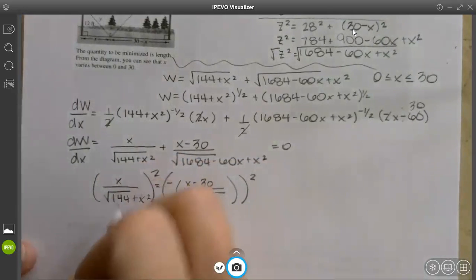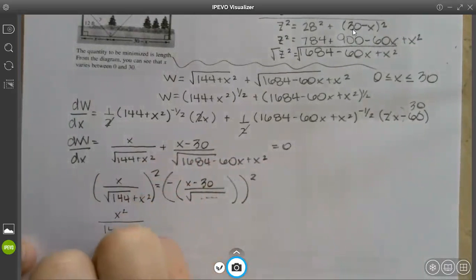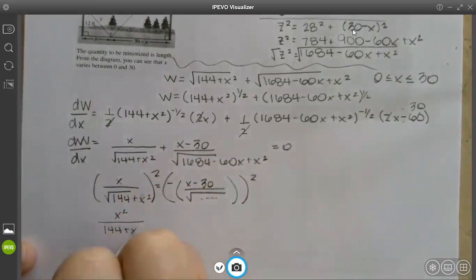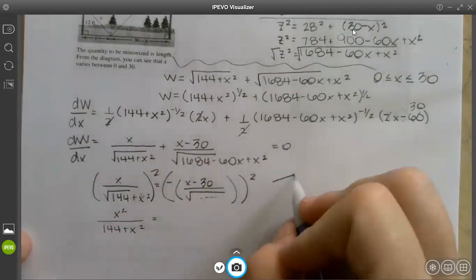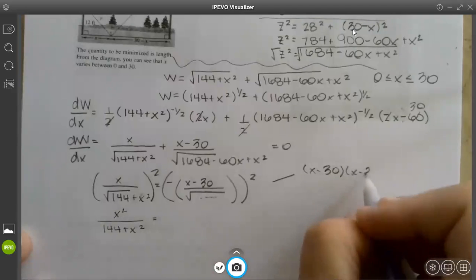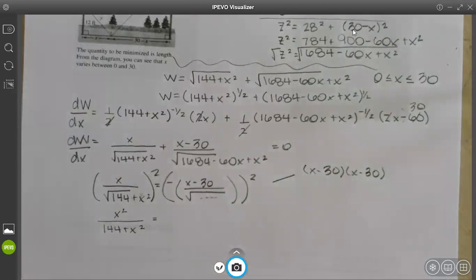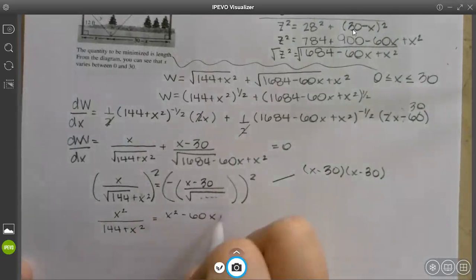So what that will give me is x squared on the bottom. It'll take away that square root. On the top, you're doing x minus 30 squared, which will be x squared minus 60x plus 900.